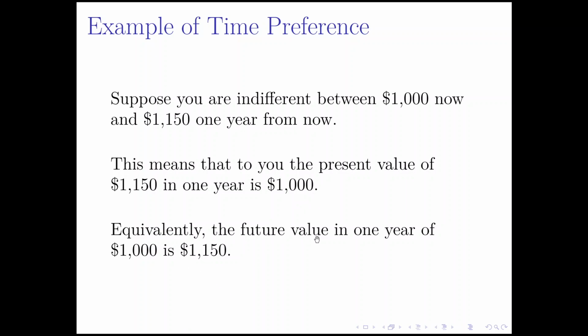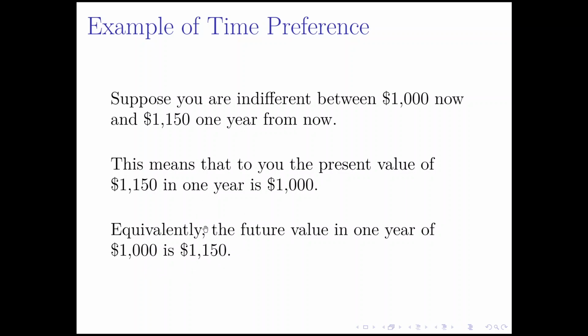Or equivalently, the future value in 1 year of $1,000 now is $1,150. So future you would put a value of $1,150 on getting $1,000 now, right? A year previous relative to the future you, right?